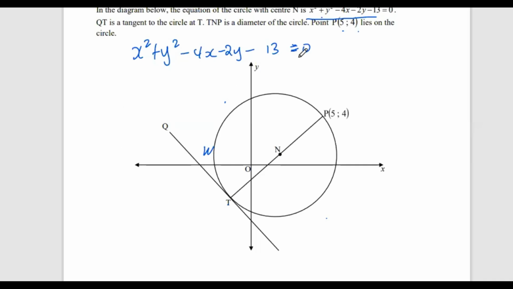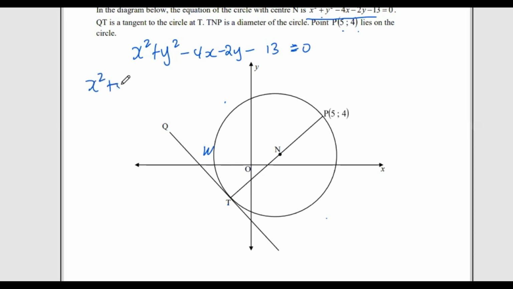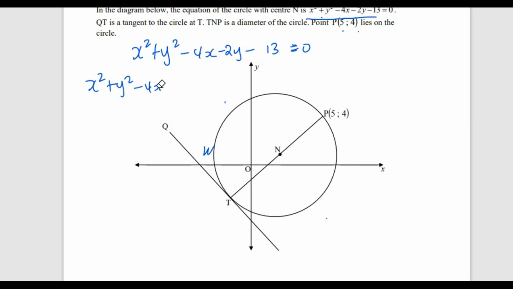But it's no big deal. You can even work with it when it's this side. So if I take it that side, why don't I just try to rearrange as well? So it's x squared minus 4x plus y squared minus 2y must give me a 13.